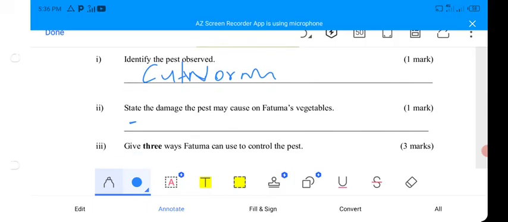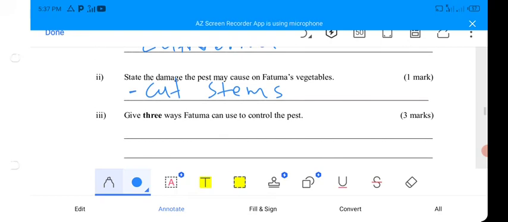A cutworm will always cut stems. Apart from cutting stems, it can also cut leaves. It can also put holes in the stems, among many more others. Give 3 ways Fatuma can use to control the pest.